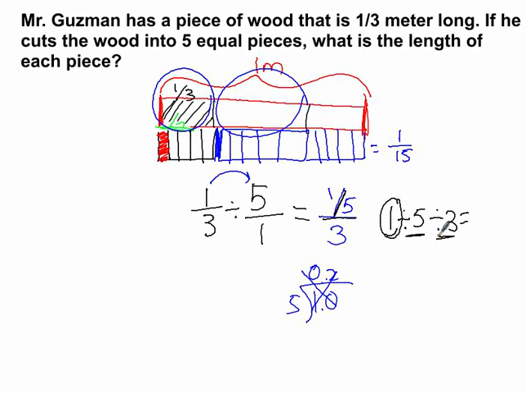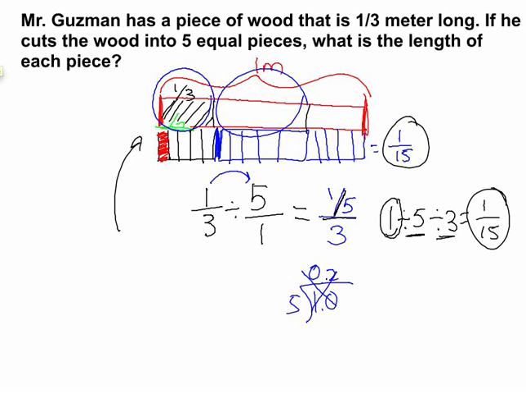If I'm dividing it by 5 and then dividing it by 3, it's like dividing it by 15. And it's the same thing as I did up here, except in this visual model, I first divided it by 3, and then I divided it by 5. But now I'm saying I'm dividing it by 5 and then by 3. It's 1/15. Let's do the next problem to see if you can get a better concept of it.